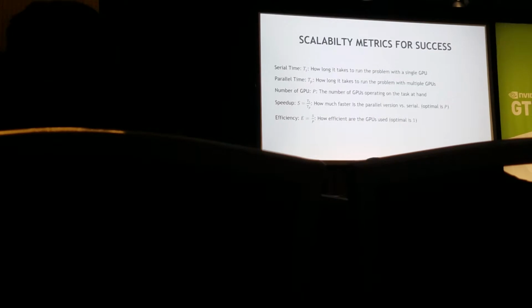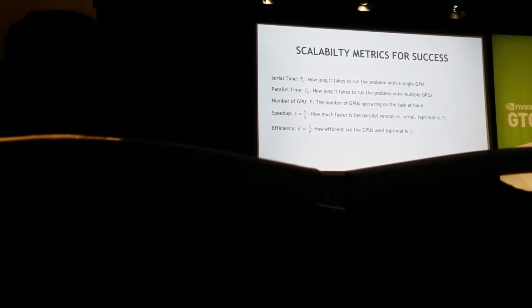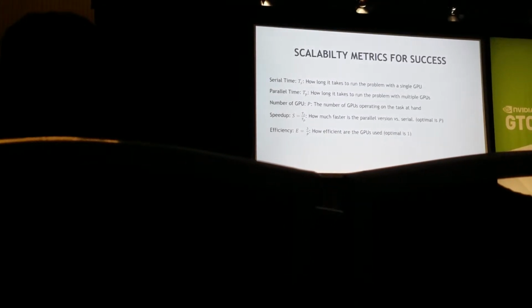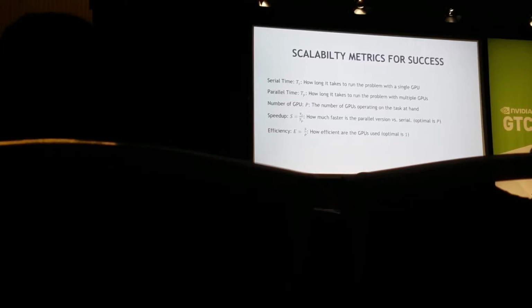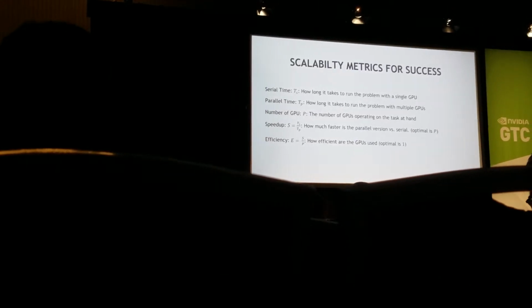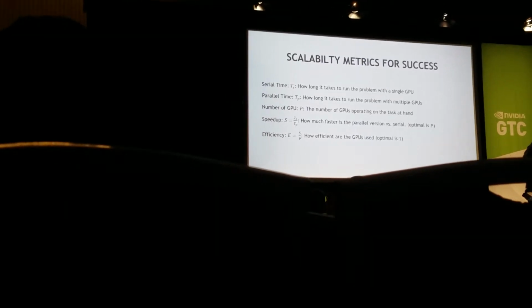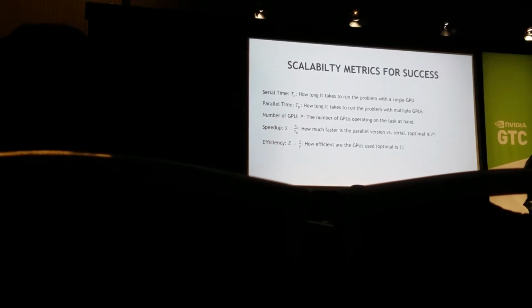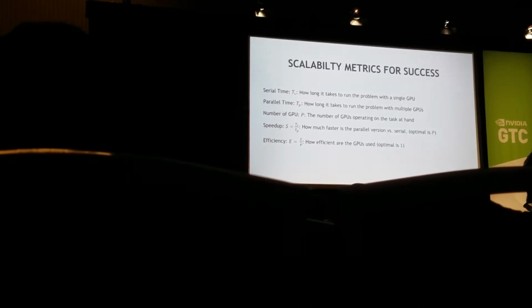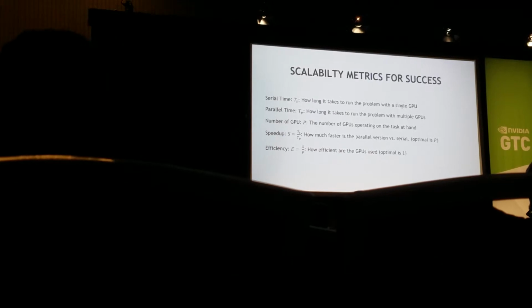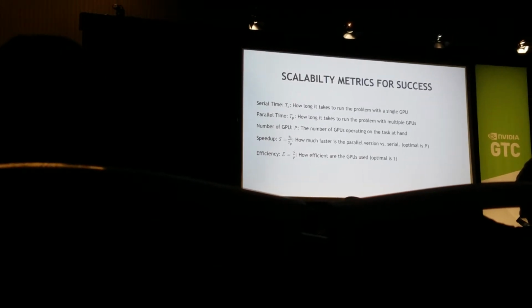Now let's look at results, and what results are we looking at. Some metrics for success. I'm measuring the serial time, in the sense that it's just using a single GPU. It's of course still a parallel program. Then the parallel time with multiple GPUs.